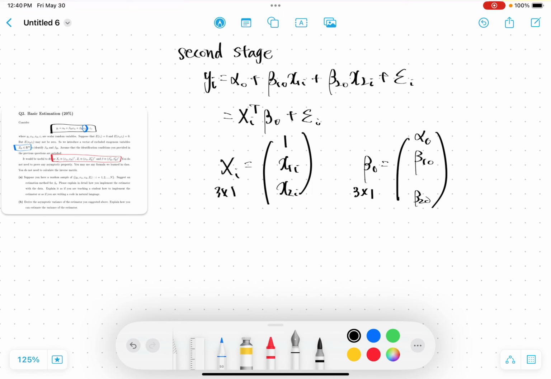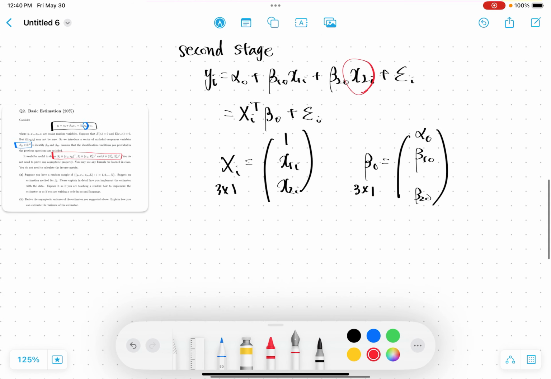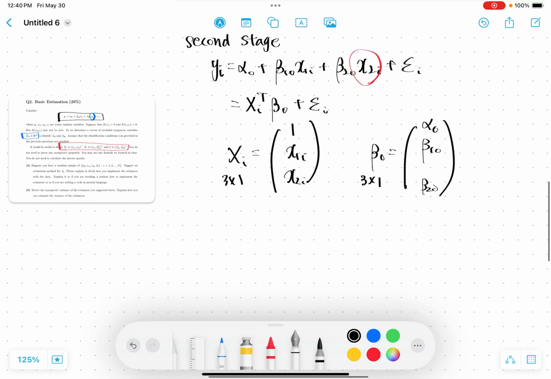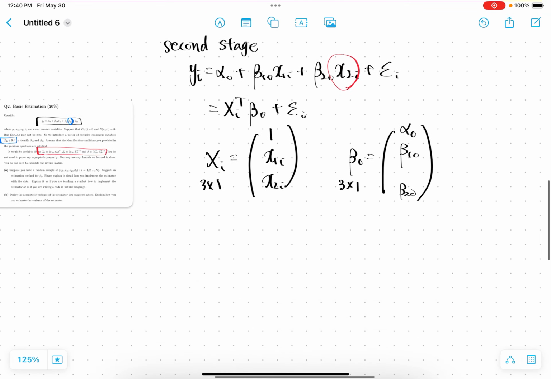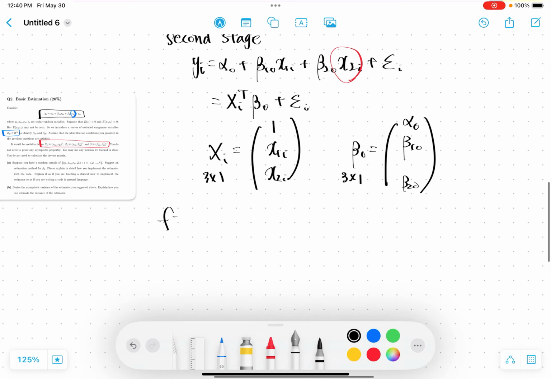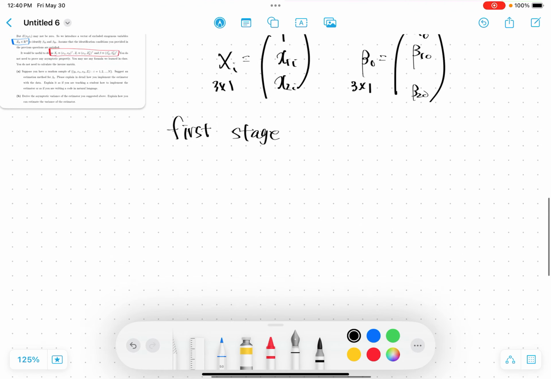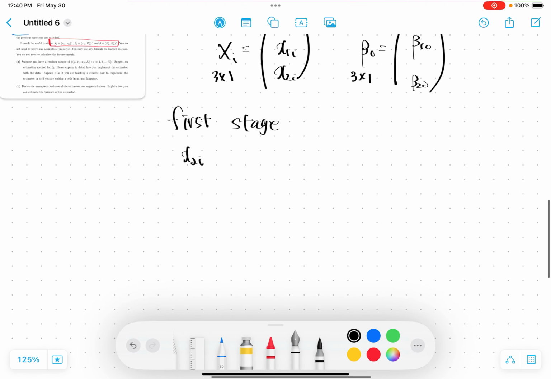This is the second stage regression, the main regression, and this x2 causes the problem, like the endogeneity problem. So we have to make a first stage regression. The first stage regression is about the endogenous variable x2i.